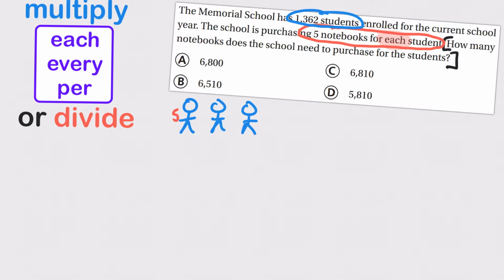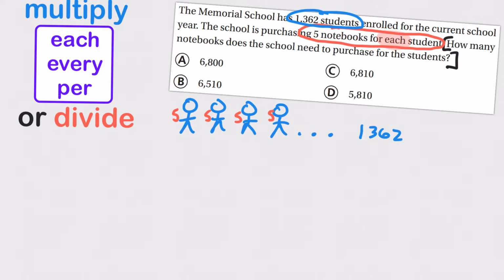But I can draw it and get started to get the idea of what's going on here and to see why this "each" in this problem means we're going to be multiplying. If I continued my pictures here, I would have to draw this 1,362 times because that's how many students there are. But obviously that would take up too much space.